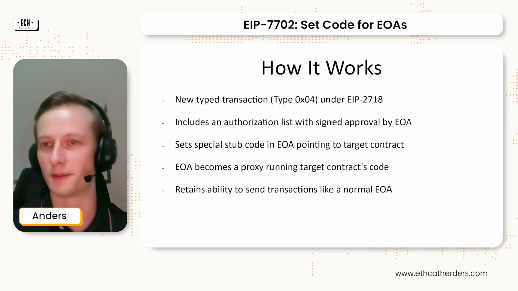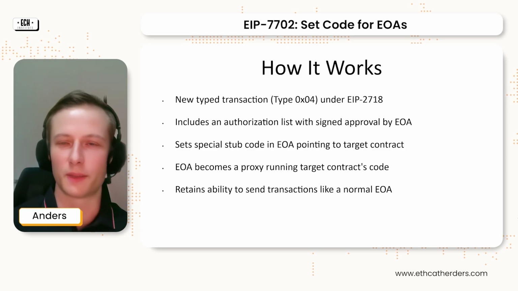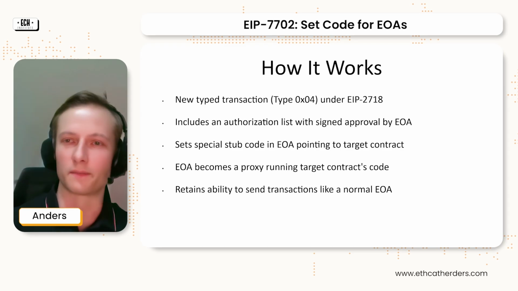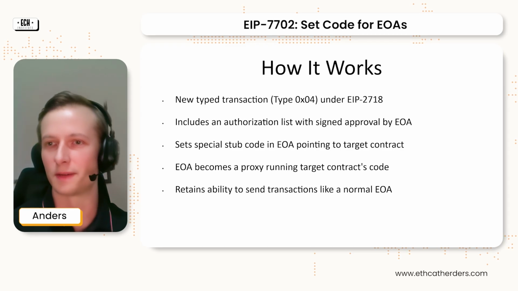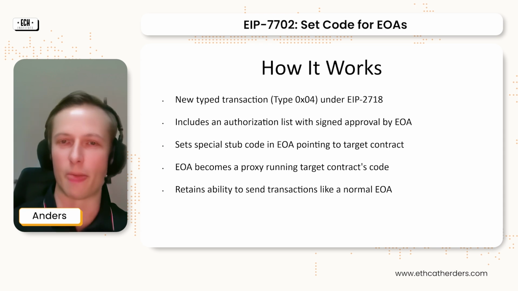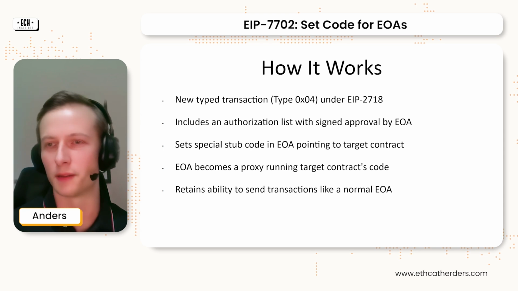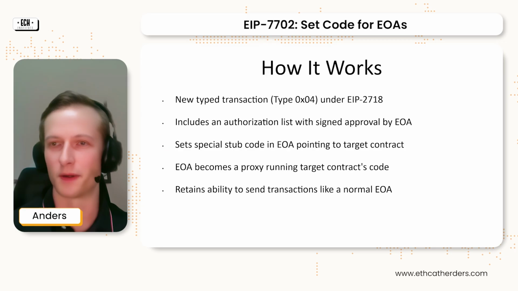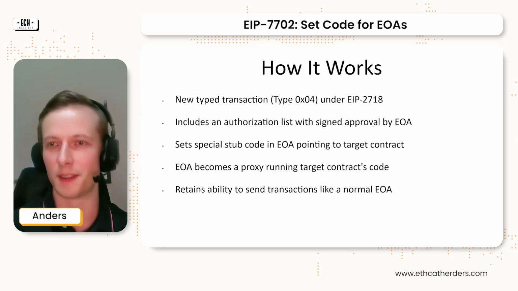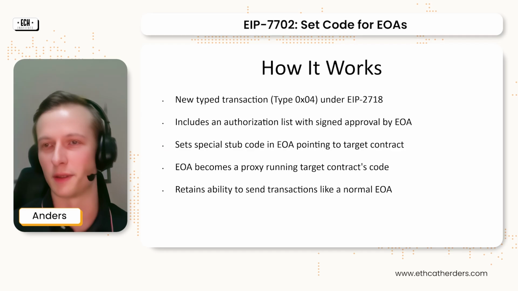And to be even more technical, when the EVM runs and your transactions load, you point to an account, which you have to in a transaction. If you don't, then it's a contract creation, which is kind of implicit by not pointing to anything.